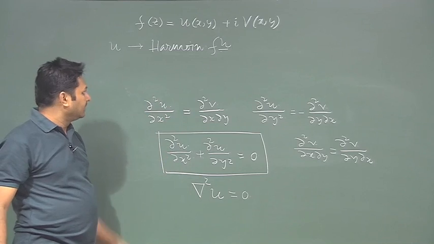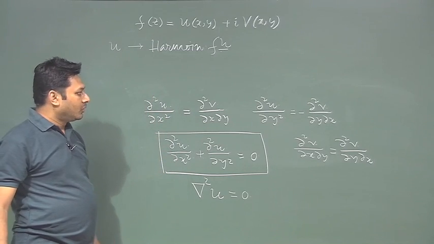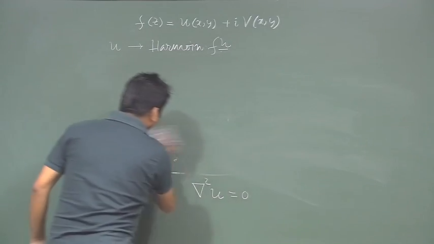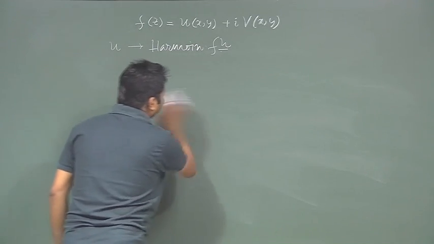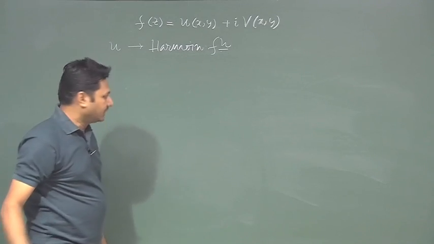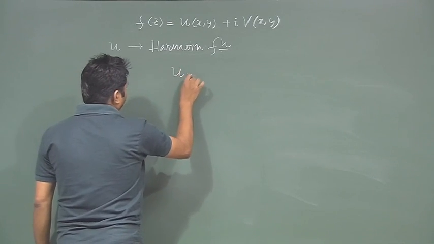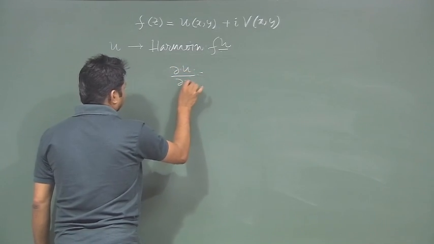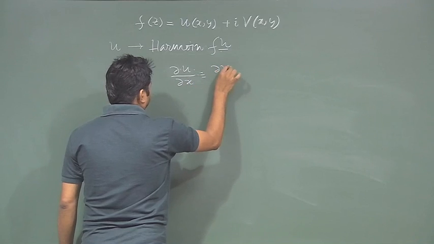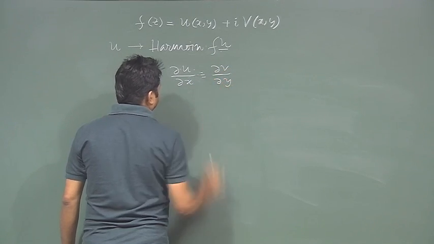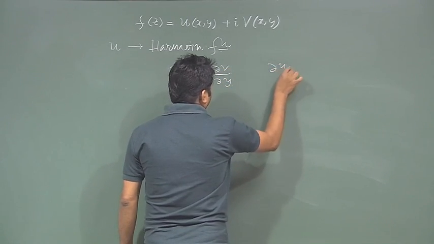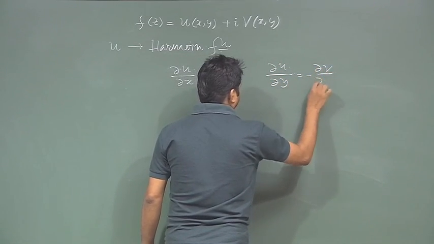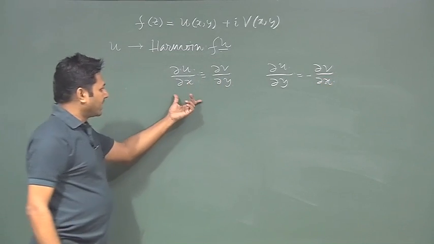What about v? u is a harmonic function, so what about v? I believe you can do that by yourself. u_x, del u del x, is del v del y, and del u del y is minus del v del x. These are two separate equations I have.